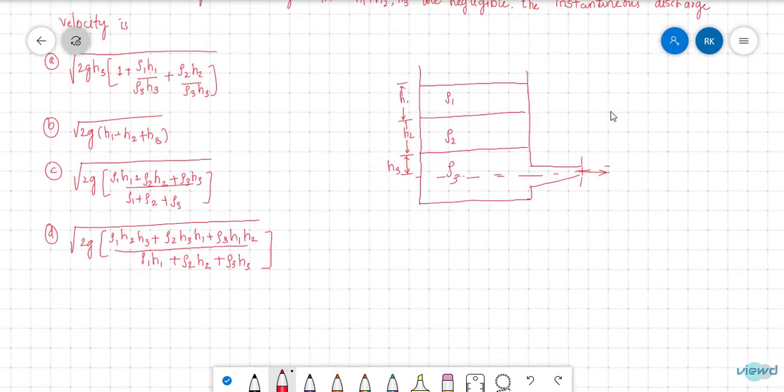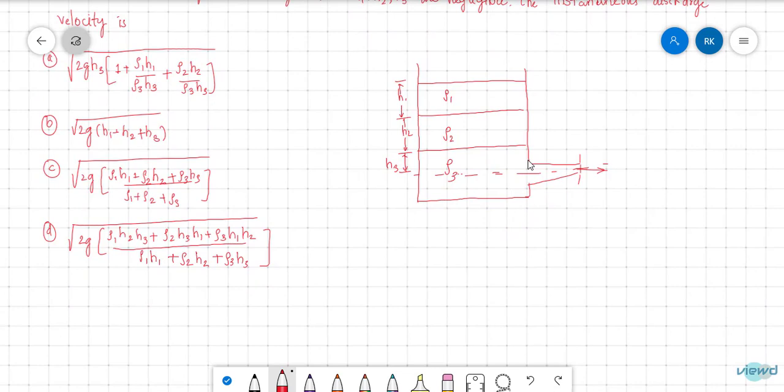We know that to apply Bernoulli's equation here, we need to consider two sections. I am considering this as the first section. Let me say this is section AA and this is the second section BB.